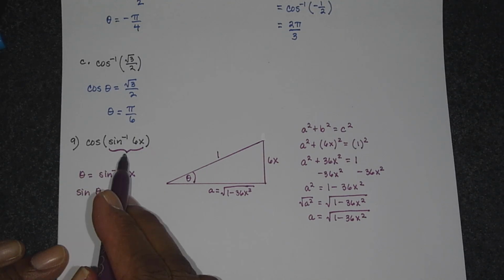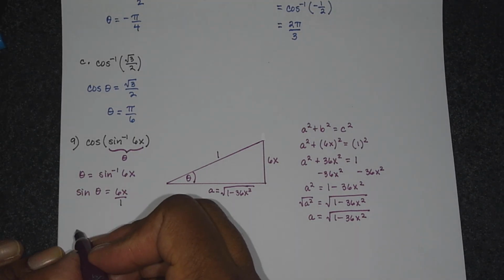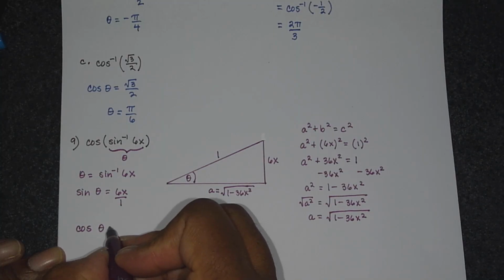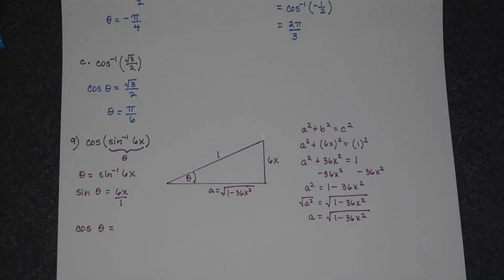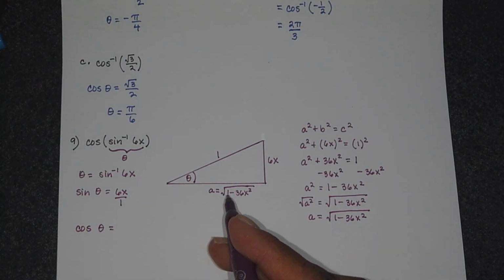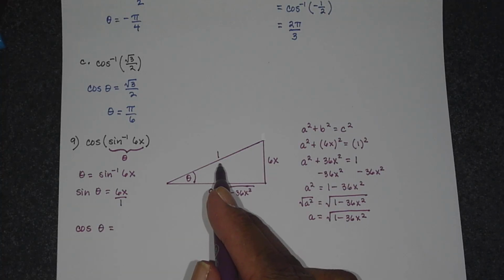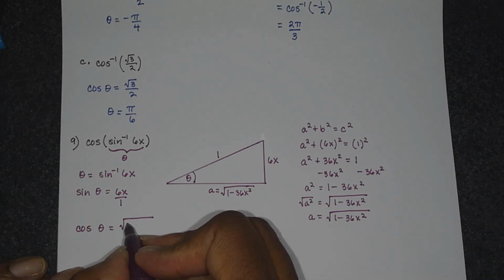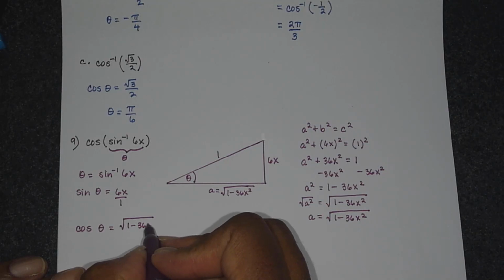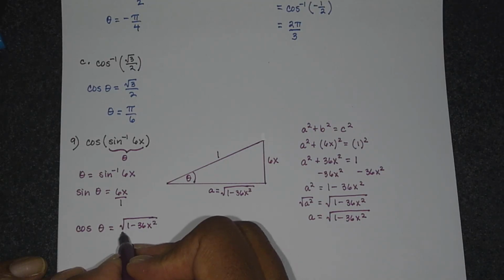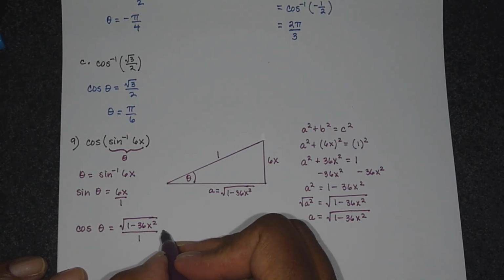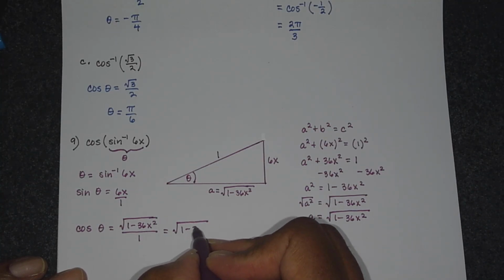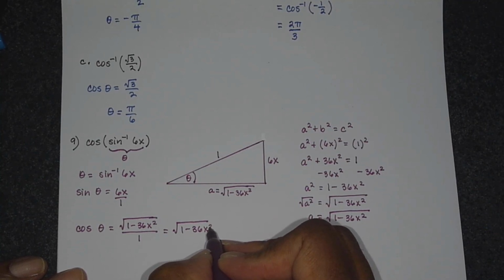Since I've already let theta be this, that means that to find the cosine of theta, that's going to be the adjacent side over the hypotenuse. So my adjacent side is that square root of 1 minus 36x squared divided by the hypotenuse, which is 1. Well, that just ends up being the square root of 1 minus 36x squared.